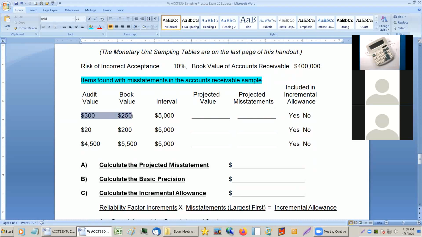Now, this first one is unusual. Why? Let me put numbers by these.